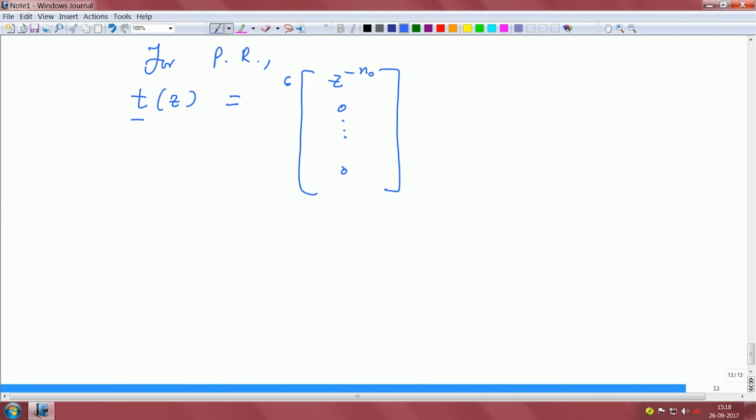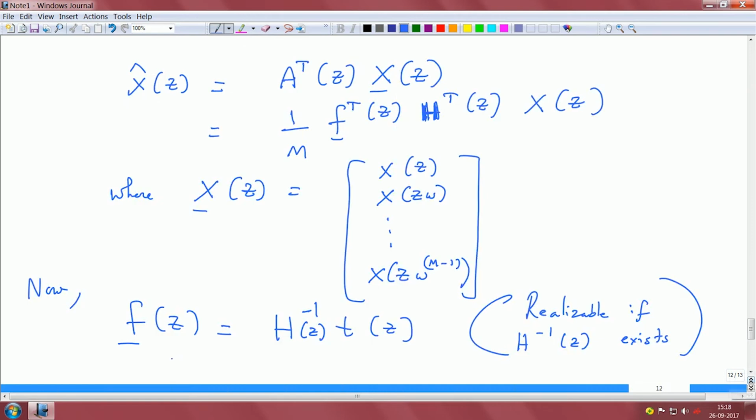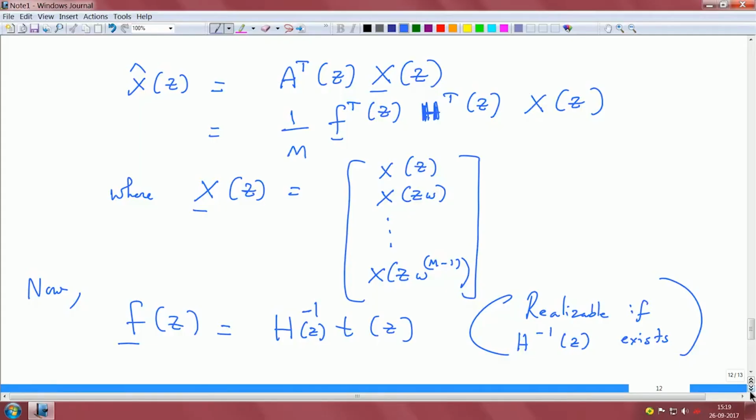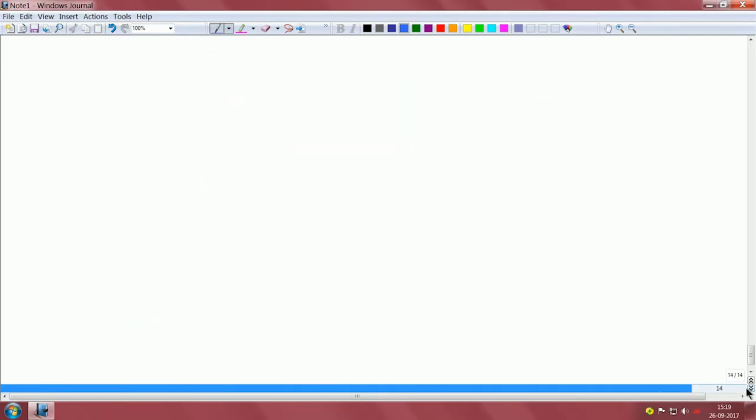Now, you may wonder at the moment what are the difficulties with the AC inversion matrix, right. We said the synthesis filters can be realized by inverting the alias component matrix, and that is a critical step, and there would be difficulties if we cannot invert this. So, we will study some of the issues related to the inversion.